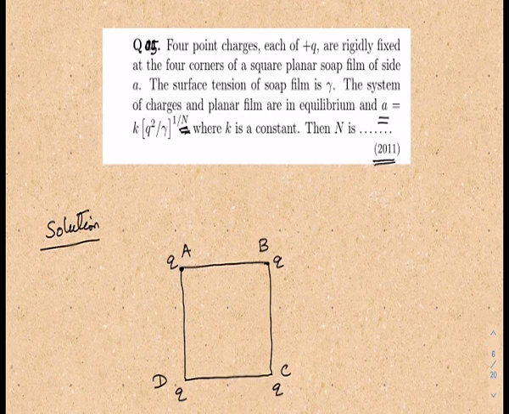First of all, given in the problem, the surface tension of the soap film is gamma.